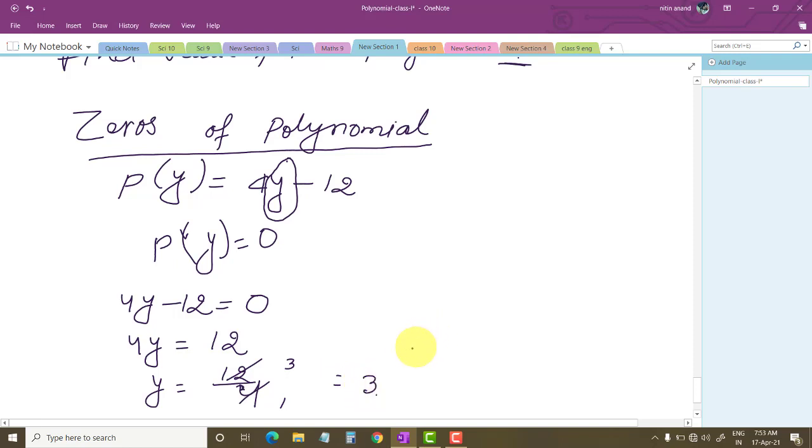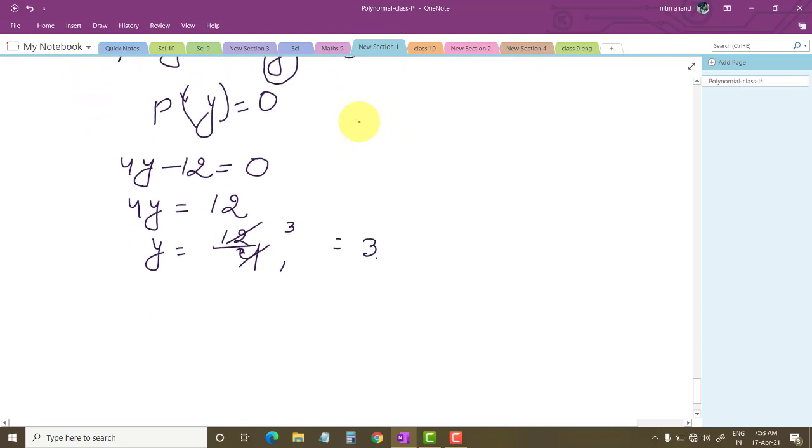That means if we put 3 in place of y, then the value of p(y) becomes 0. So we will write, zero of the polynomial is 3. Is it clear?